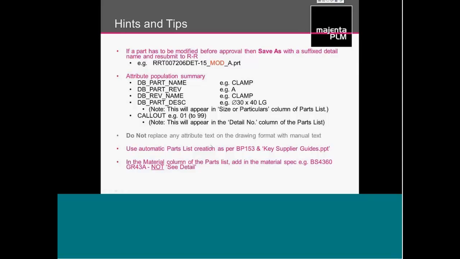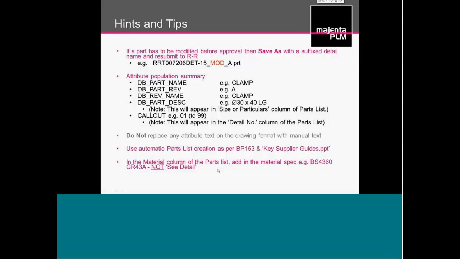Do not replace any attribute text on the drawing format with manual text. Don't try and override that manually. Reasons for doing that: if somebody does go back and change the attributes correctly, then the text on the drawing will not update.